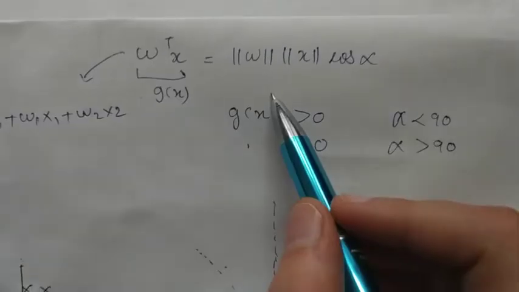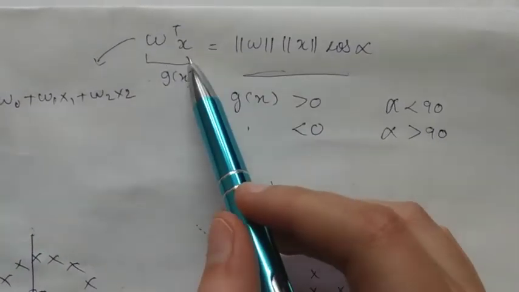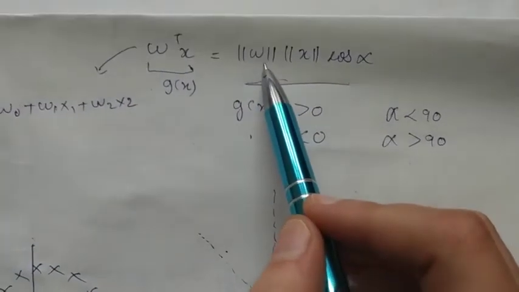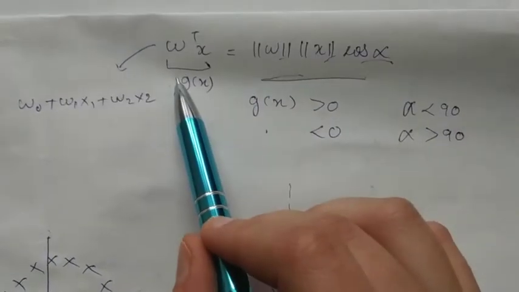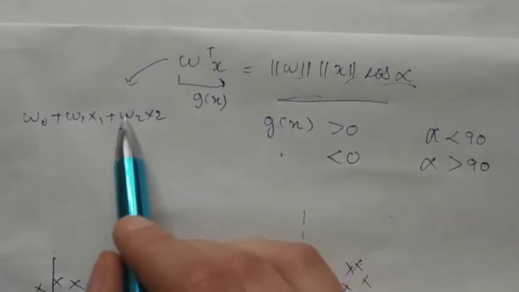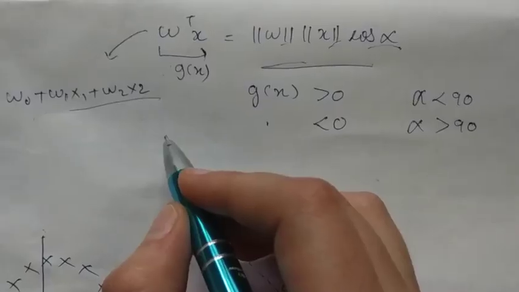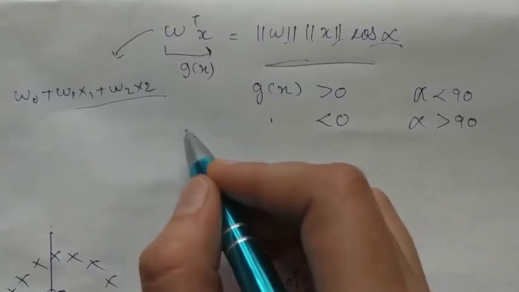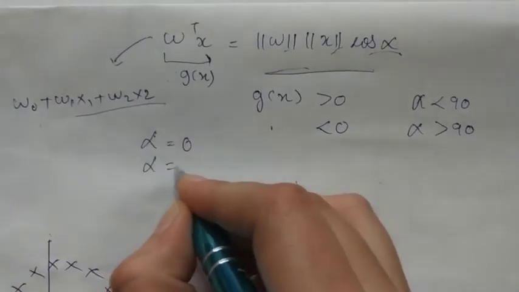Now let's try to understand the same with the help of the cosine angle. We have this equation: omega transpose x equals modulus of omega, modulus of x, into cos alpha. Omega transpose into x is the equation we have previously seen for learning purposes. For example, let us consider two values of alpha, 0 and 90.